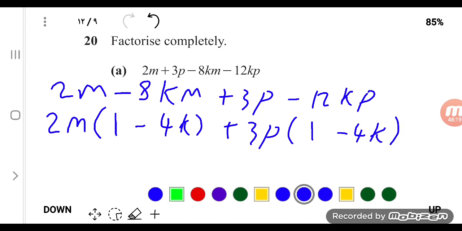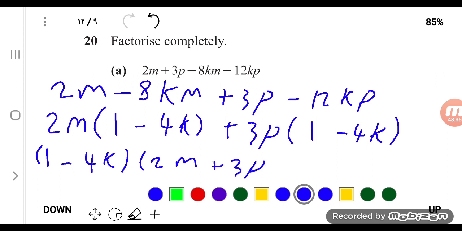Now if you notice that the bracket is the same, so you can take the bracket itself common factor, so you can write it 1 minus 4k multiplied by 2m plus 3p, and that is the solution of the whole factorization. 2m plus 3p multiplied by 1 minus 4k.